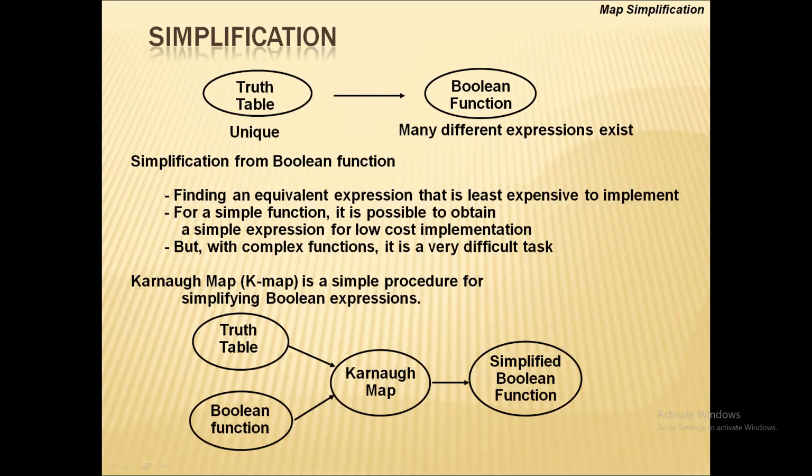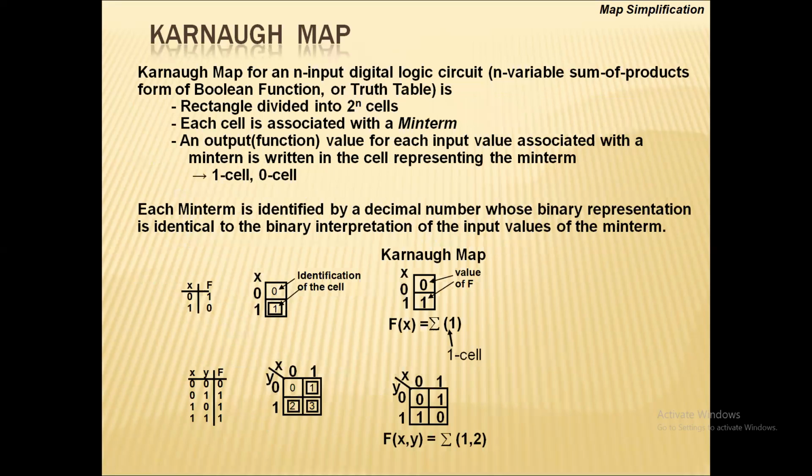So what happens in a K-map? It is a K-map for an n input digital logic circuit, n variables. So if there are n variables, you will be having a total of 2 to the power of n cells in a K-map.